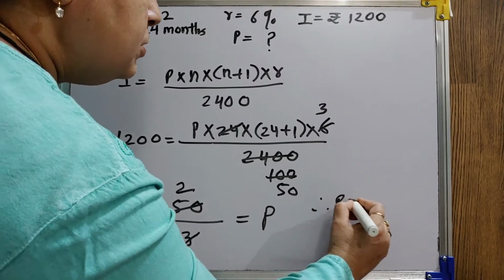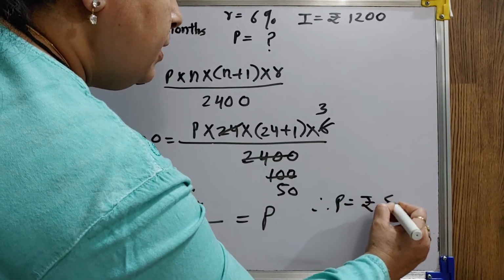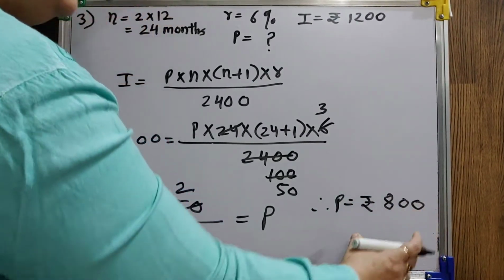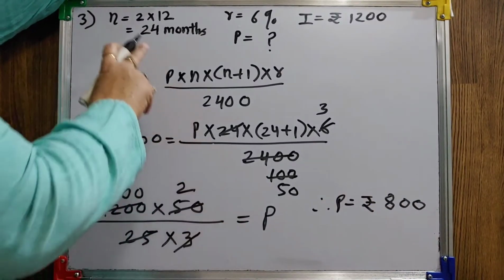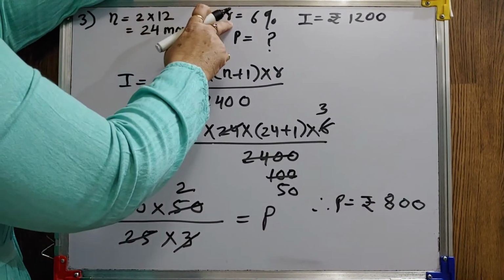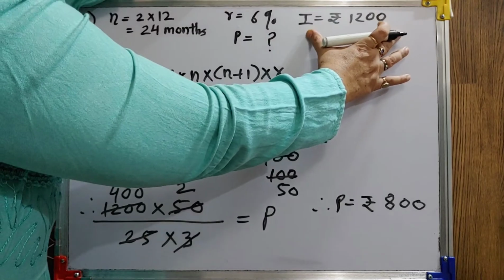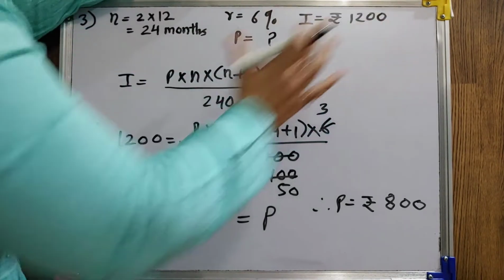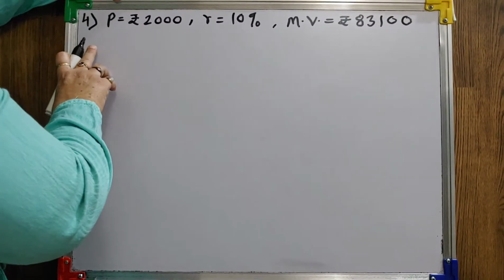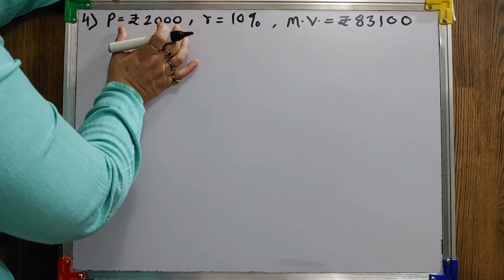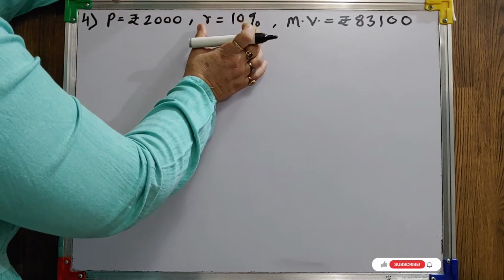So my monthly installment is rupees 800. So when I am depositing 800 per month for 24 months at 6%, then only I will get the interest 1,200.